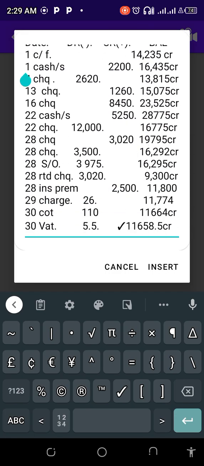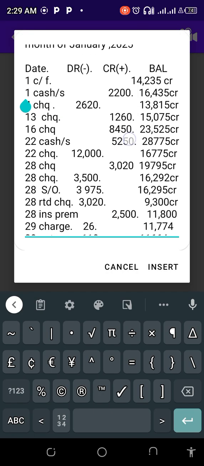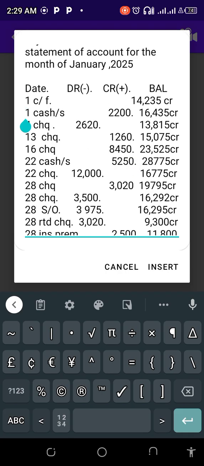Now the next thing we are going to look for are the uncredited items, the direct credits. How will you know a direct credit? You can locate a direct credit by comparing the credit side of the bank statement to the debit side of the cash book.